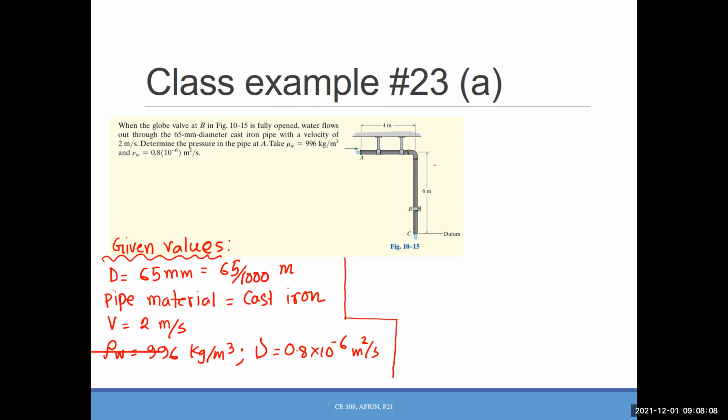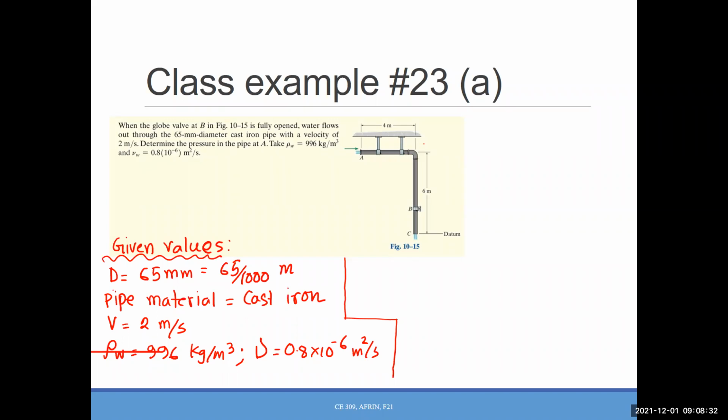What are the sources of minor losses you can think of in this whole setup? This pipe is below the ground level. You can see this is the ground, and there is a bend, there is a valve, and there is no change in diameter, so there is no contraction, no expansion, which is good.